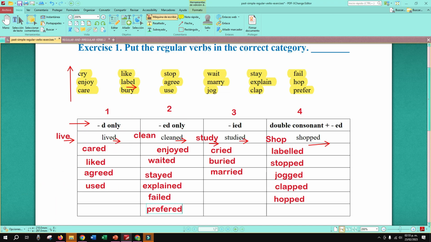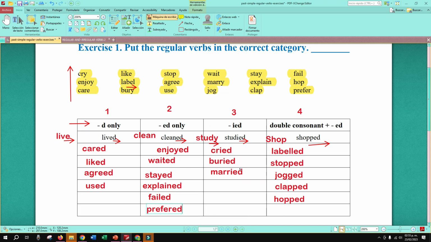So guys, don't forget those verbs. Those are rules, right? The ones that finish or end in E, you just need to add D. And the other ones, you need to add ED, right? Like work, enjoyed, clean, etc., right?